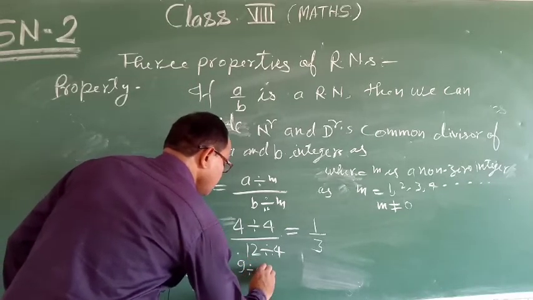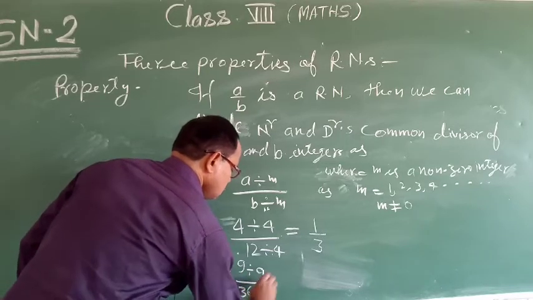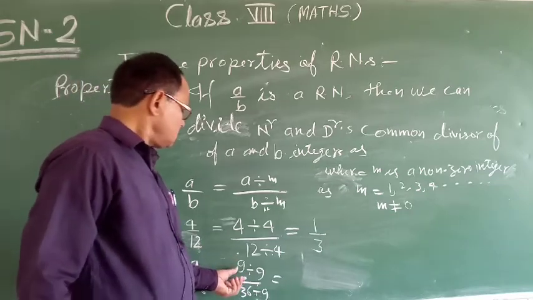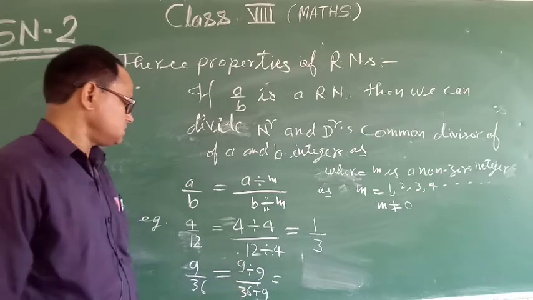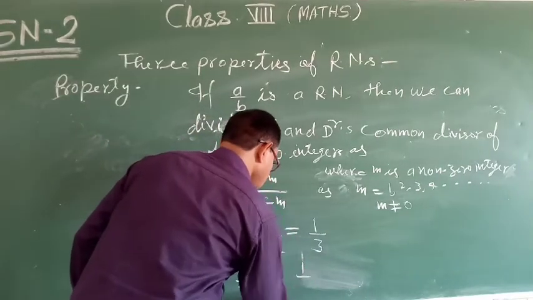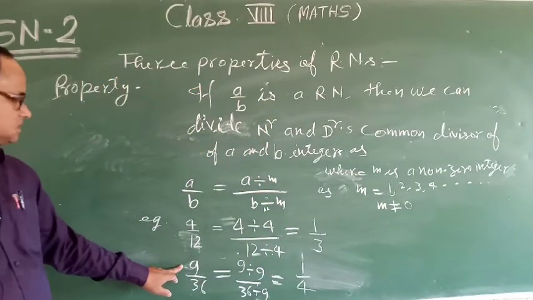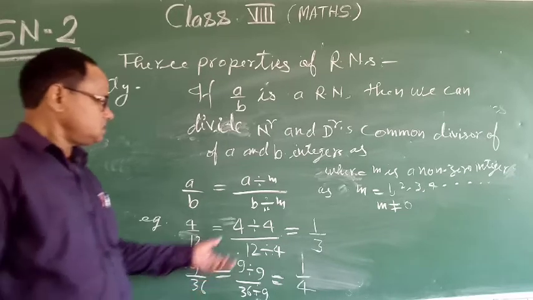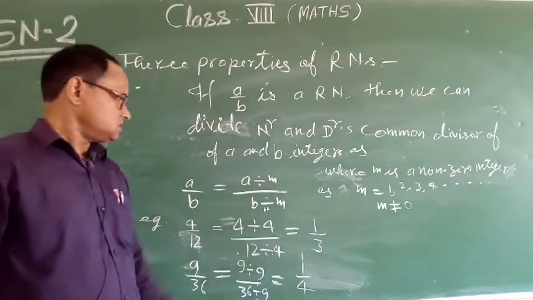Then we divide 9/36 by 9, because 9 is the common factor of 9 and 36. After solving we get 1/4. 1/4 is the equivalent rational number of 9 by 36. So these types of questions you can solve on this basis.